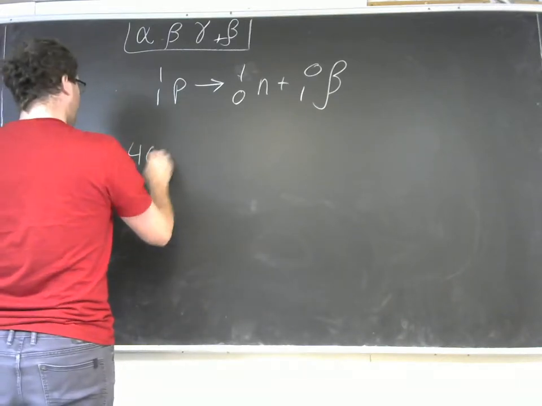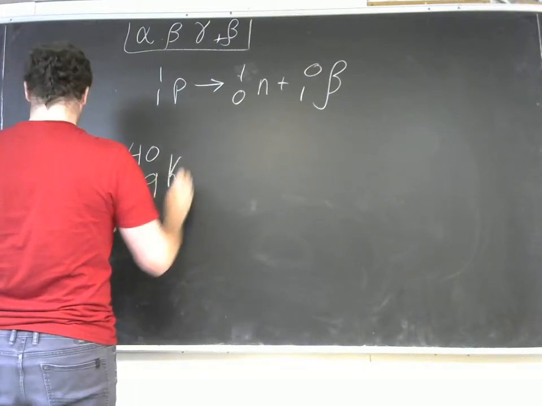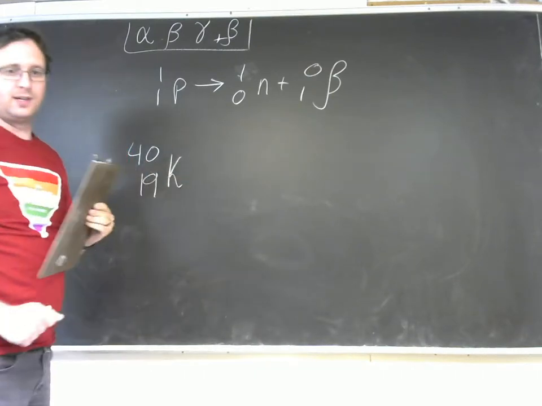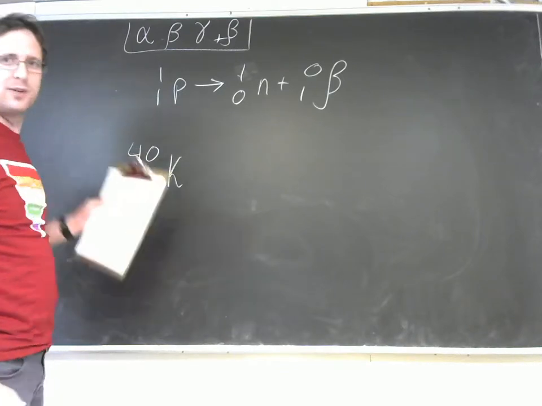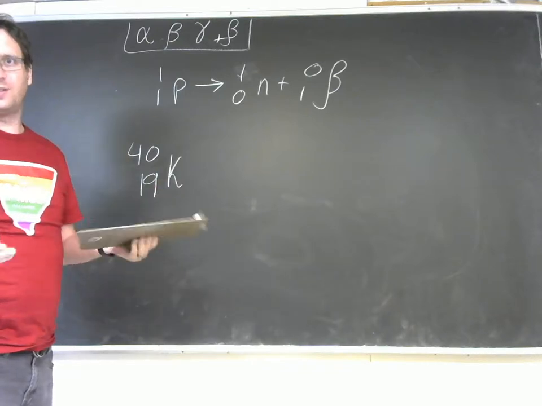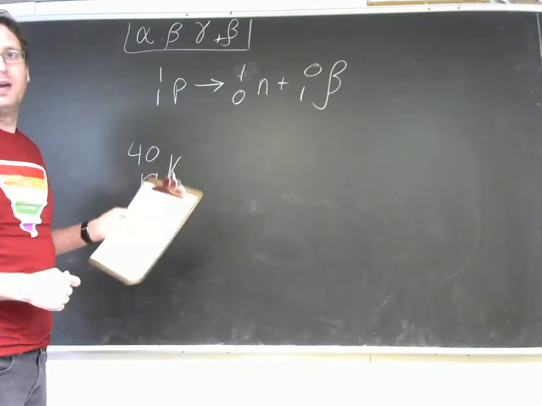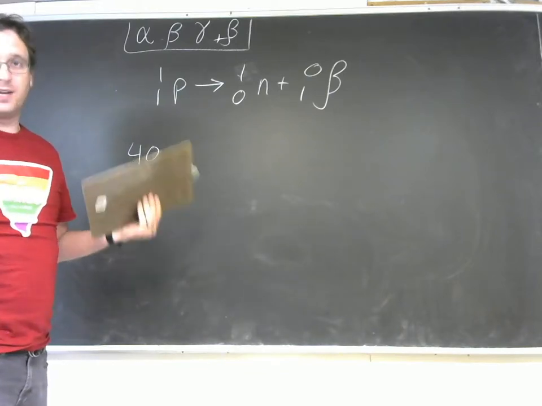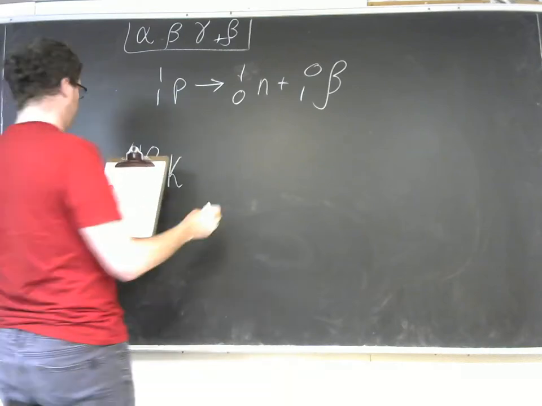The most famous positron emission nucleus is potassium-40. Potassium-40 occurs naturally, and geologists have been able to use the positron emission of potassium to date the formation of different rocks that contain potassium.